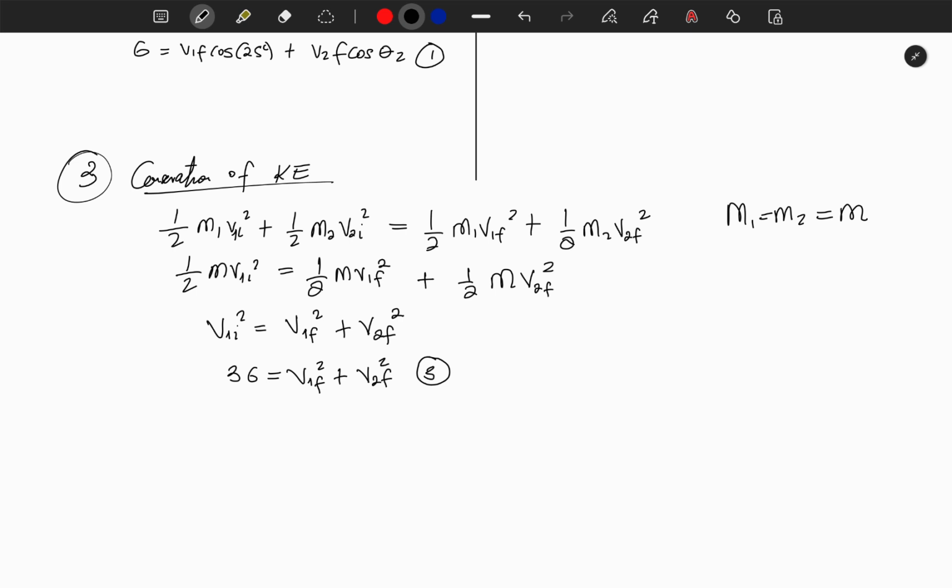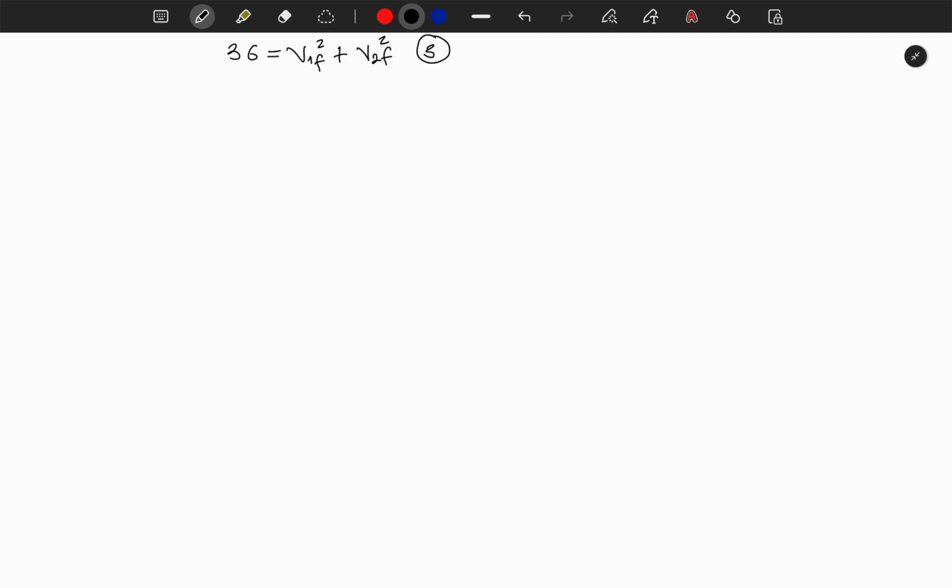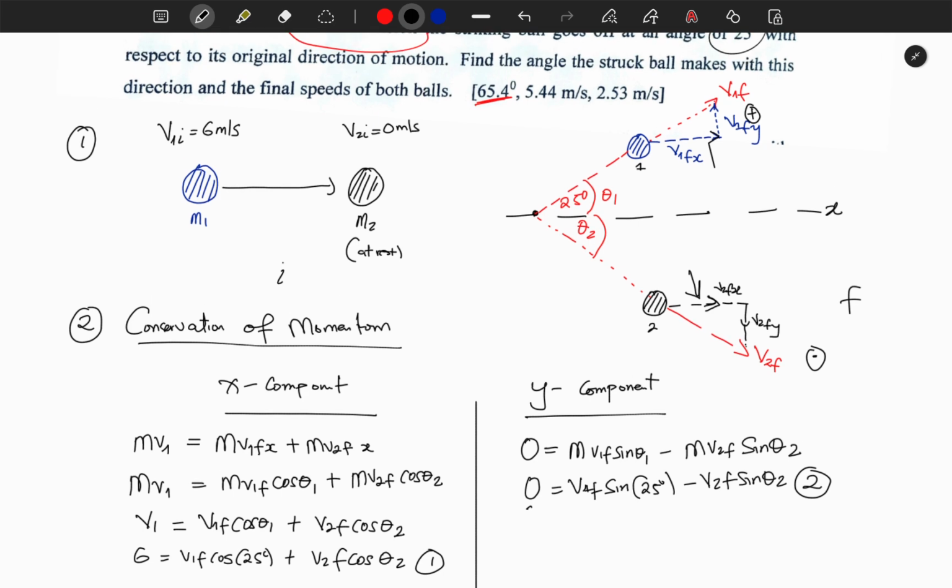We can consider the fact that when these two balls hit each other, they are going to move at an angle of 90 degrees, perpendicular to one another. So we are going to assume that the angle between them is 90 degrees.